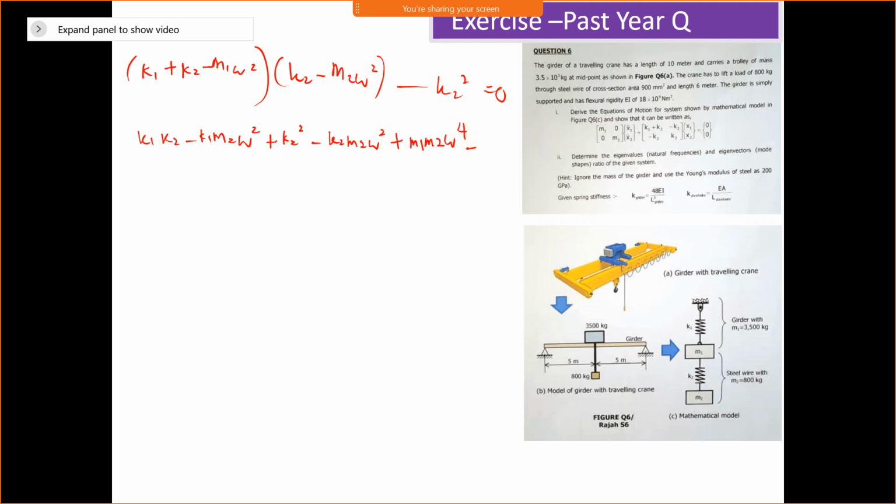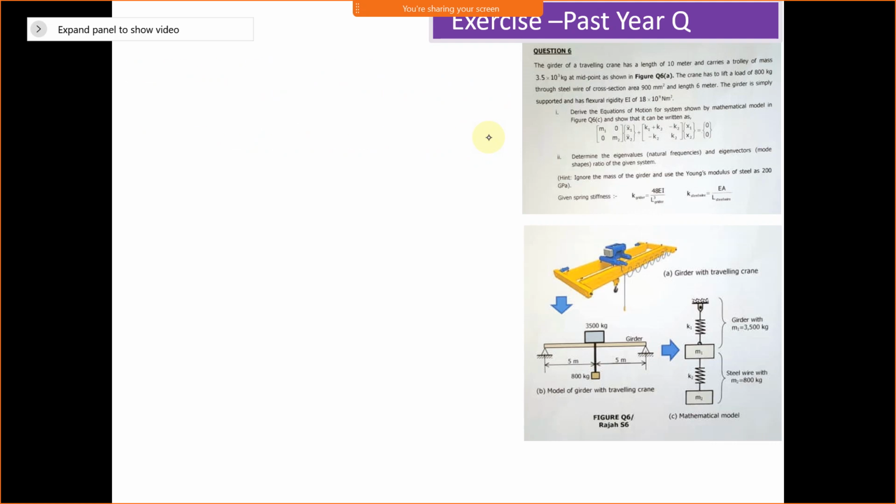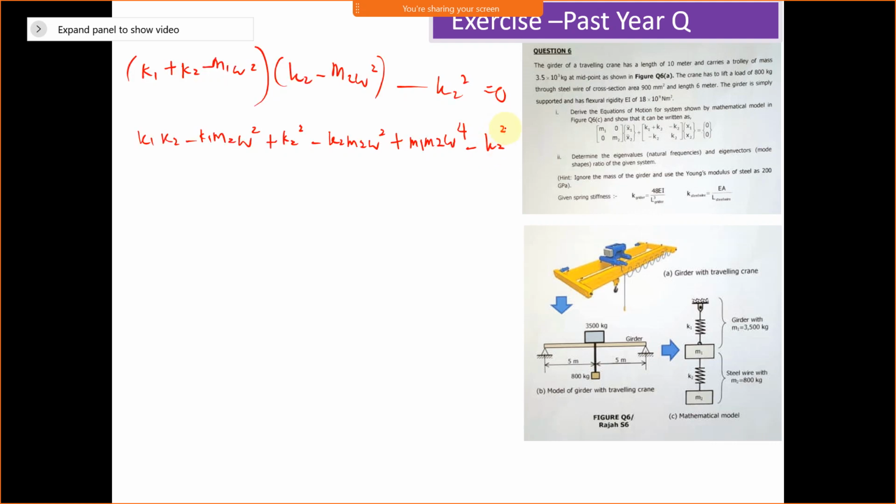Okay, minus K2 square equals to 0. So expand determinant number 9 give K1 K2 minus K1 M2 omega square minus K2 M2 omega square plus M1 M2 omega to the power 4 equals to 0.